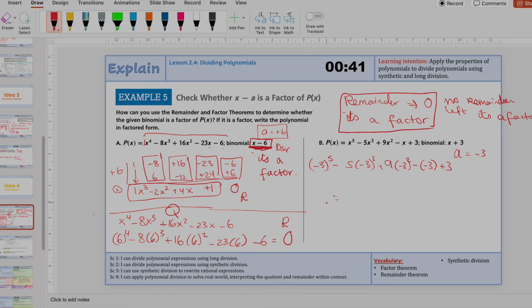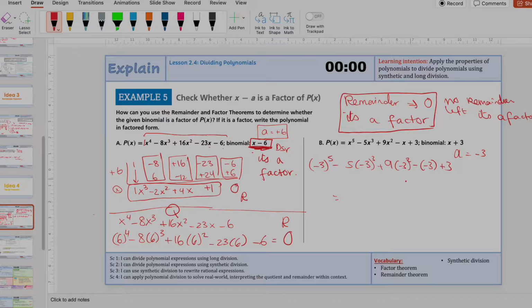You're gonna get the power of 5 minus 5 times -3 cubed plus 9 times -3 squared minus, or like plus 3.